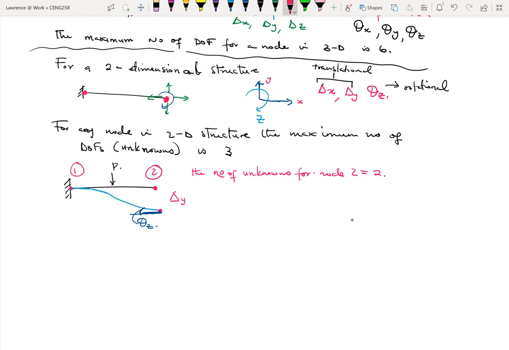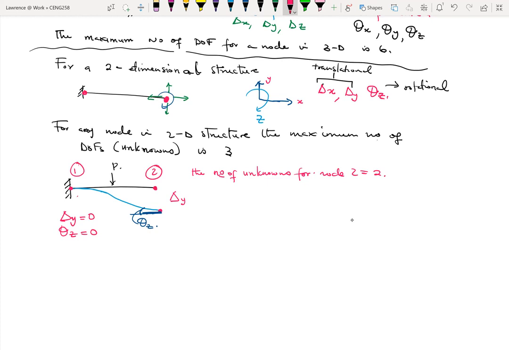Okay. Now if you look at node 1, because of the fact that there's a fixed support over there, that fixed support will not allow any form of movement of that node. All right, which means that the delta y at that point should be 0, then the theta z is also going to be 0. Okay.